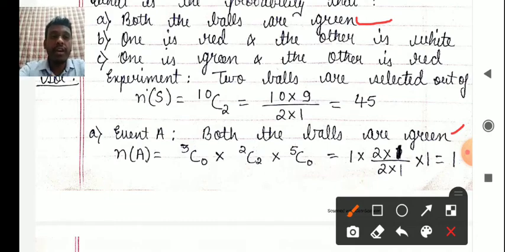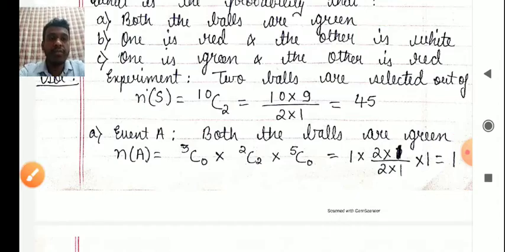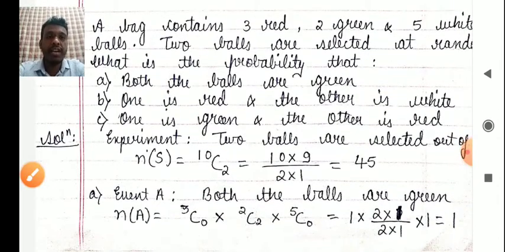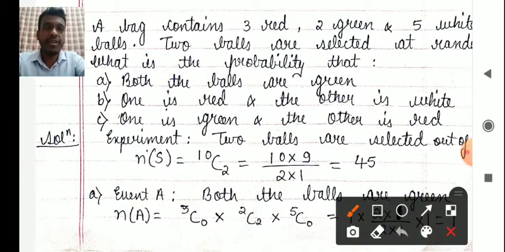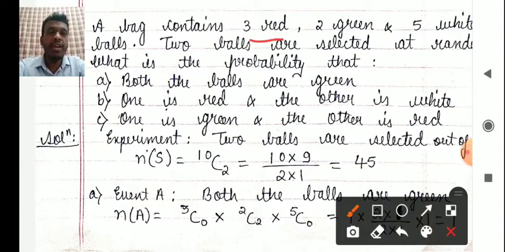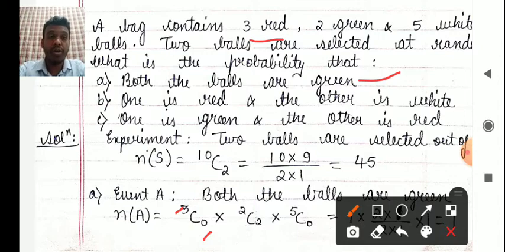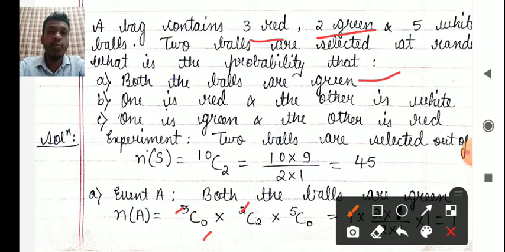So how many red balls do we have? Look at the question. The question says that we have 3 red balls. So how many red balls are we selecting? We have said that both the balls are green. So that means 0 red balls. So 3 total balls are there, and how many are we selecting? 0, because we want both the balls as green. Then two green balls are there, and out of that, how many are we selecting? Both the balls should be green, so 2C2.